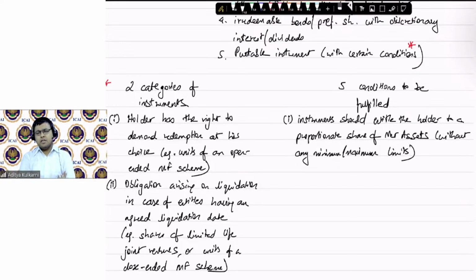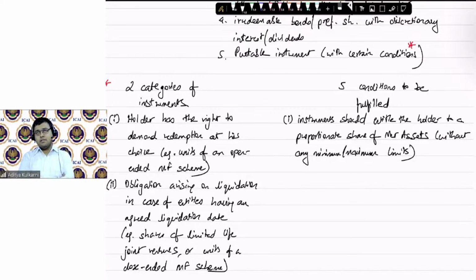Are we clear? So if you are holding units of a mutual fund, you are going to get the amount based on the net asset value that is there on the date of redemption. Yes or no? What is net asset value? Sir, basically net asset value is value of assets after deducting all liabilities. So what is the definition of equity?